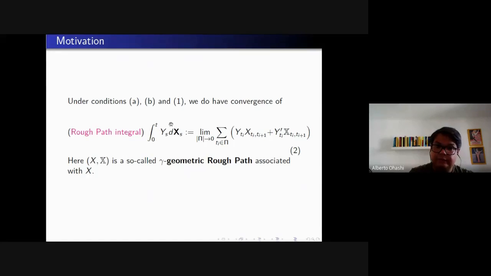And then we call this object the rough path integral. So here, X and double X is called the so-called gamma geometric rough path associated with your driving noise.